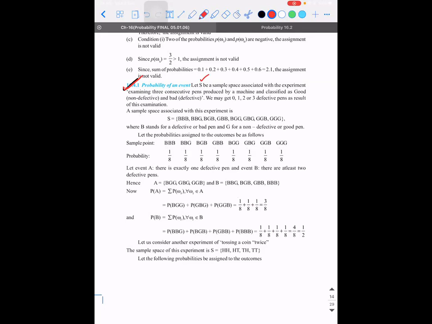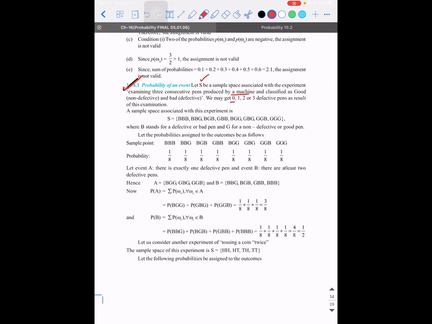So how many defective pens are possible as a result? How many machines are there? Only one machine, and it is producing pens. The pen coming out of the machine might be defective, might be good. We don't know. But what are all the possible numbers of defective pens that can come out?